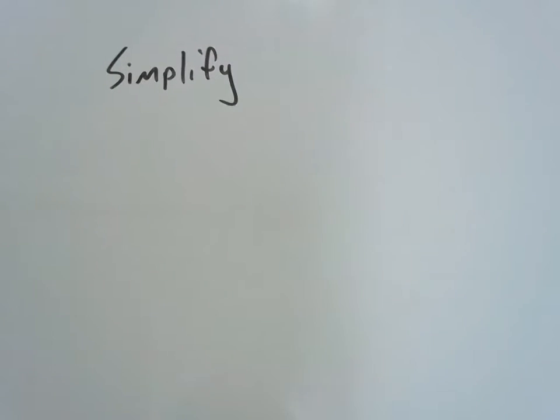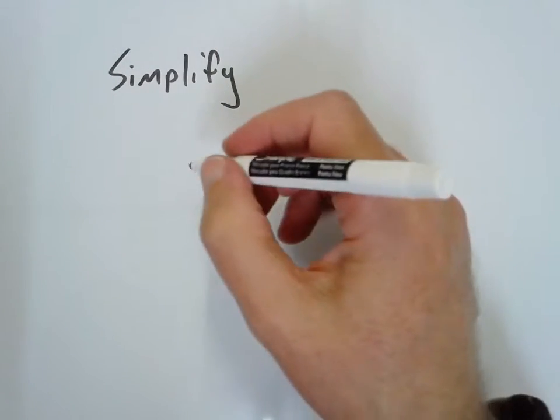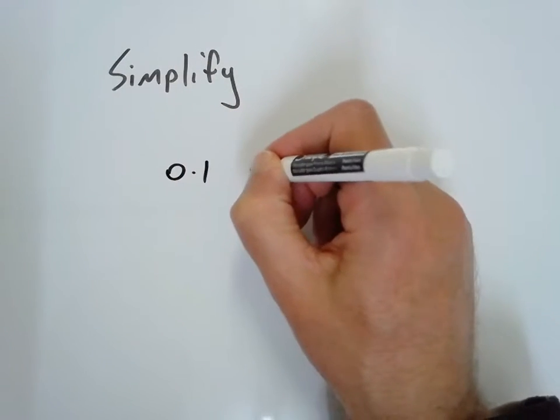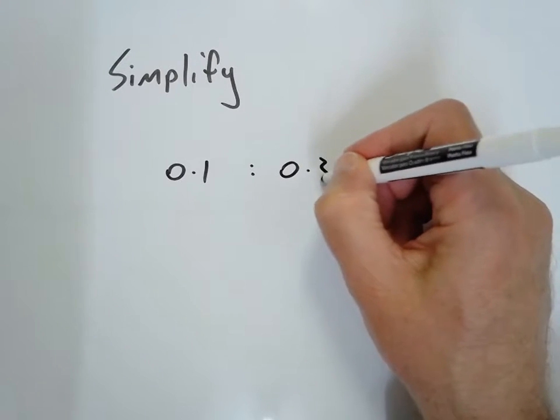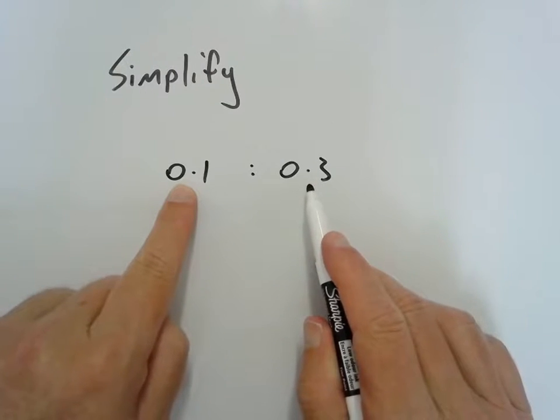And as I said before, we don't like decimals in our simplest ratios. So let's go 0.1 is to 0.3. Okay, so what we don't like here is the decimal.